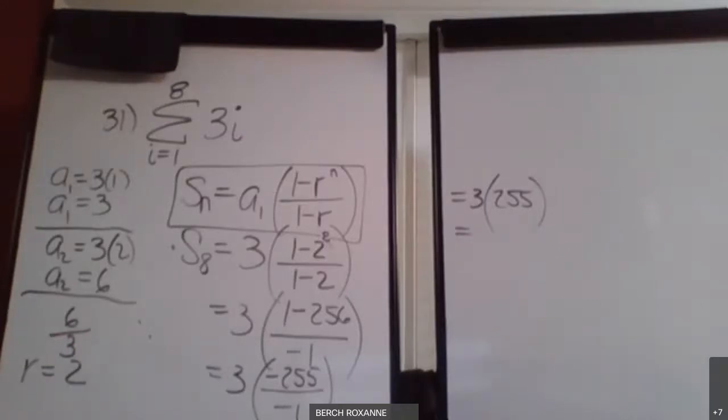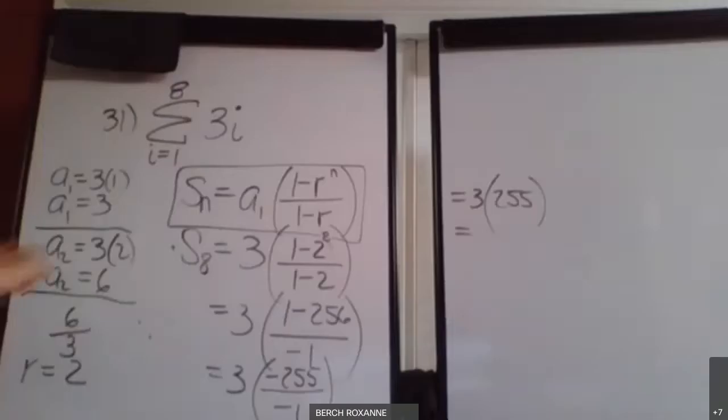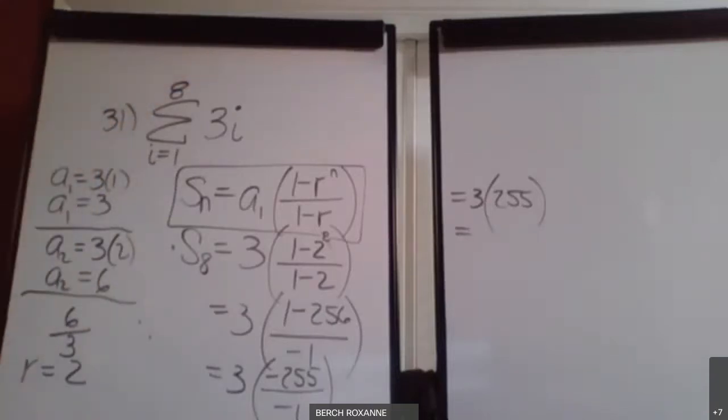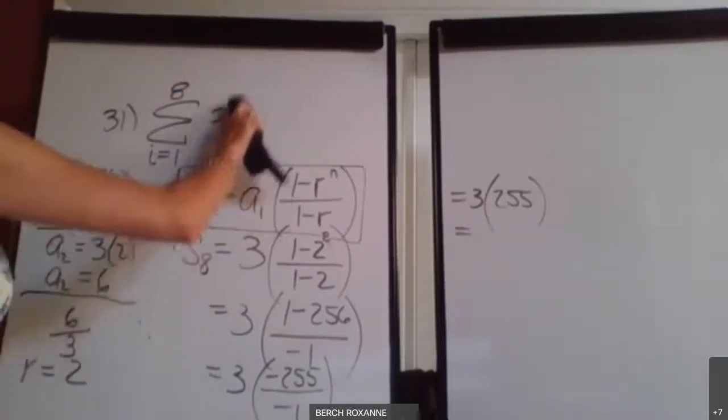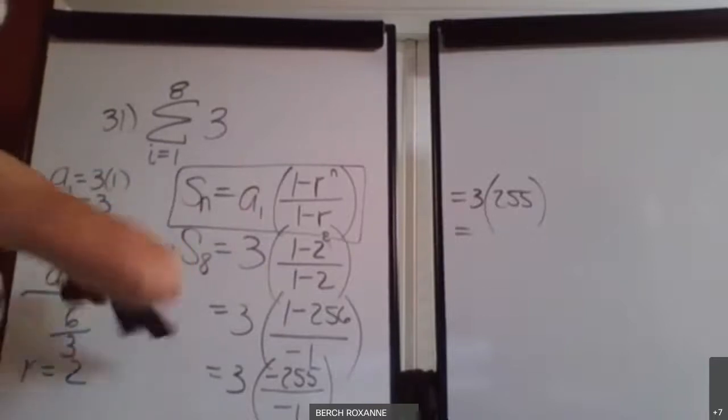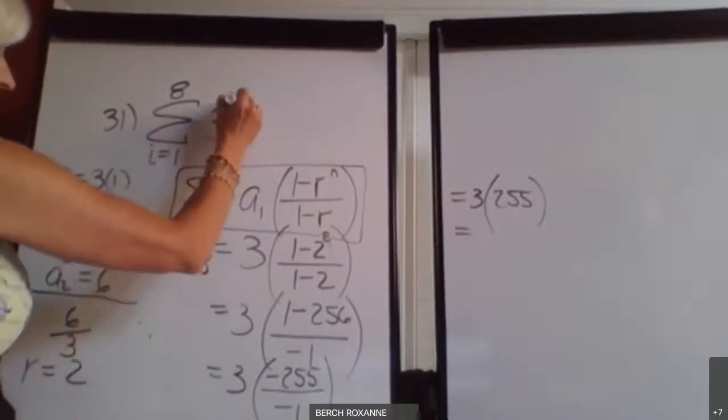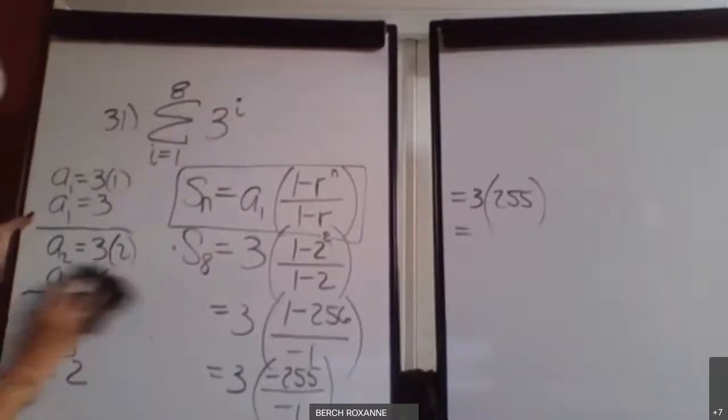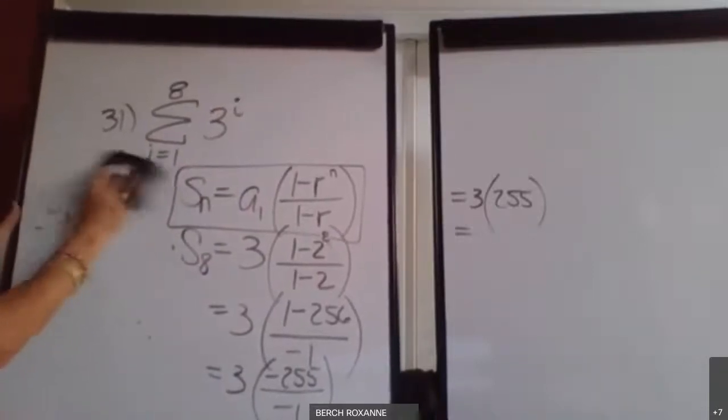I think it's 3 to the power or 3 to the i instead of 3 times i. Oh, it's 3 to the i? Yeah. Yep. So that means everything's wrong. Because that's the rule.